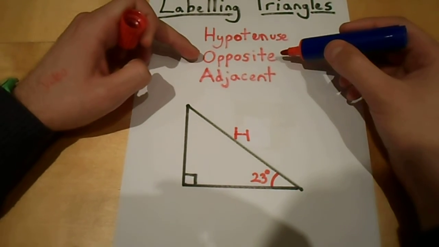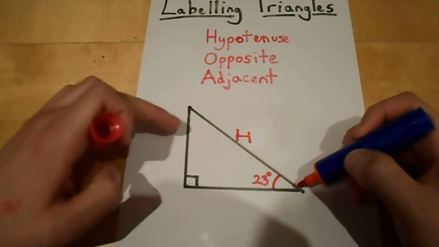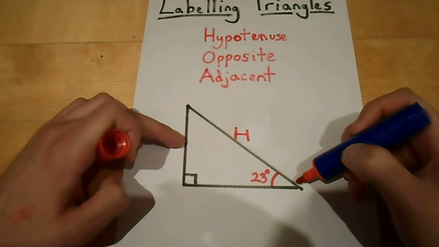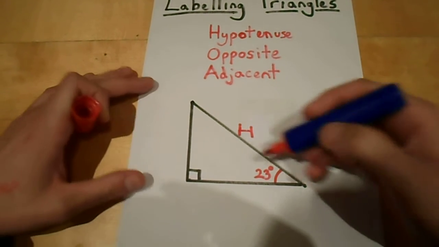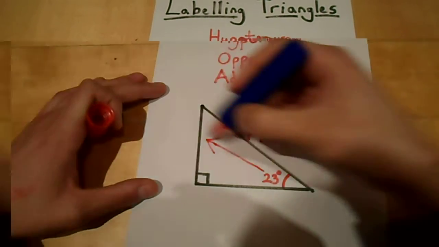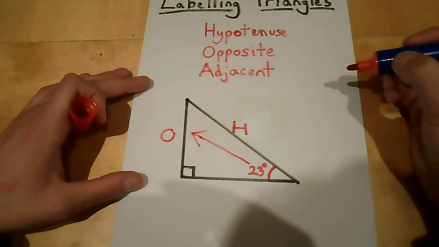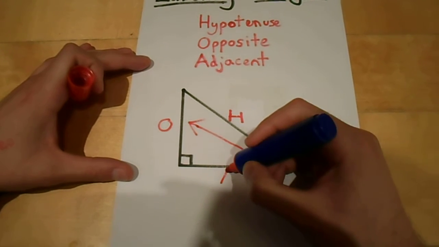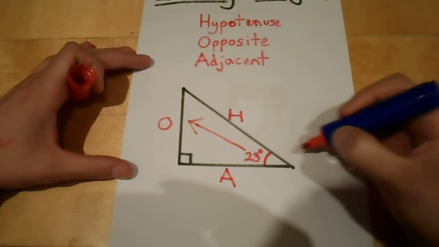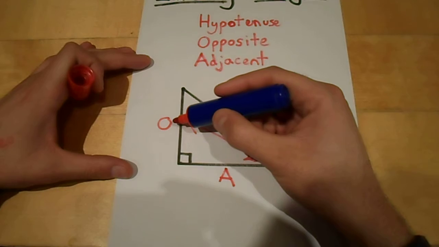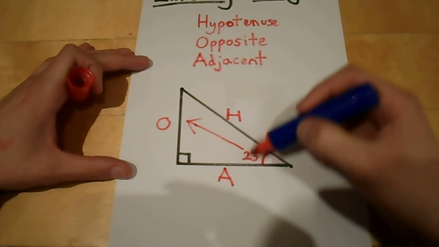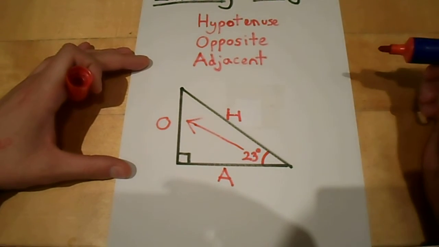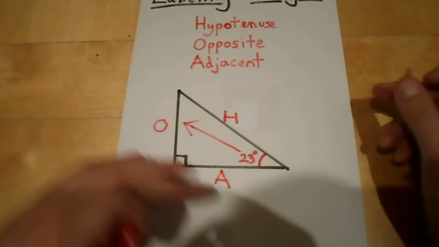Now the opposite is always the one that is opposite from the angle, either the angle given or the angle that you want. So the one that is opposite from here, that is this side here, opposite. And therefore, adjacent is the one that is left over, the side that is touching the angle. So here we have the opposite and the adjacent. Hypotenuse, always the longest side, so it's always the one that you can find first.